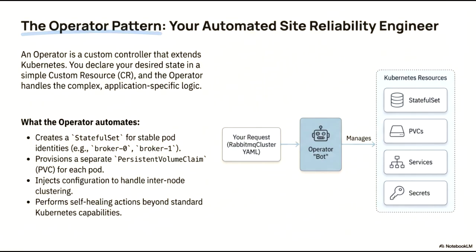Beyond these initial setup tasks, it provides advanced self-healing capabilities that go far beyond standard Kubernetes features. By managing services, secrets, and stateful components in concert, the operator pattern allows you to package operational knowledge directly into software, making complex distributed systems significantly easier to manage at scale.